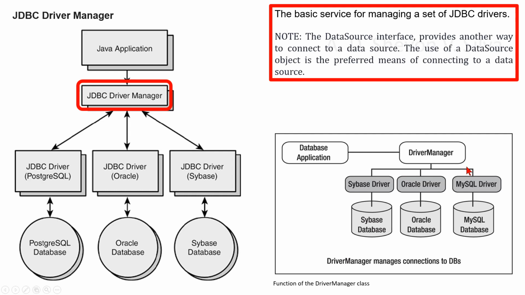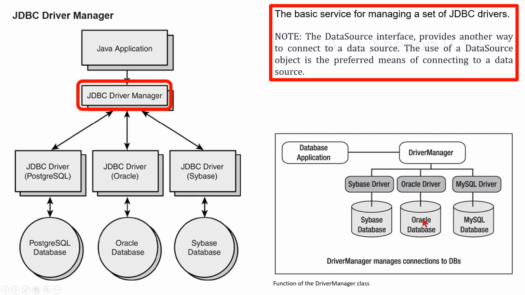For example, the following loads the MySQL and Oracle drivers: Class.forName("org.gjt.mm.mysql.Driver"), and the other one, Class.forName("oracle.jdbc.driver.OracleDriver"). When the getConnection method is called, the DriverManager will attempt to locate a suitable driver from among those loaded at initialization and those loaded explicitly using the same class loader as the current applet or application.